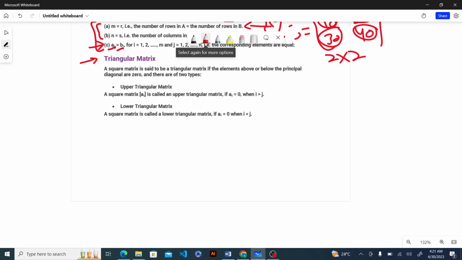If we have a matrix like this, this is the principal diagonal, and the elements above or below, meaning one condition should be fulfilled at a time. The elements above the diagonal or the elements below the diagonal should be 0, then it will be called a triangular matrix.